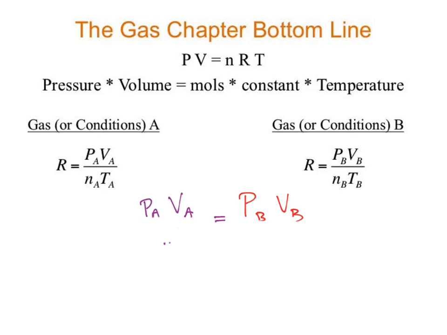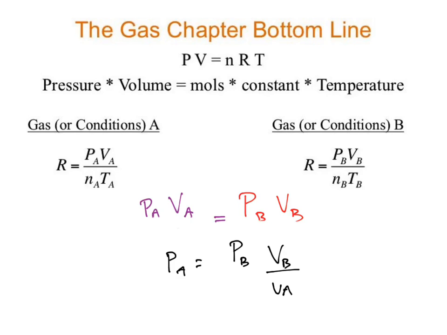I can then potentially rearrange these things. Say the pressure of A equals the pressure of B times the volume of B over the volume of A. I can see those relationships kind of fall out of that expression. And that's pretty neat.